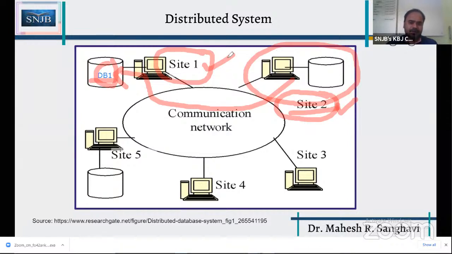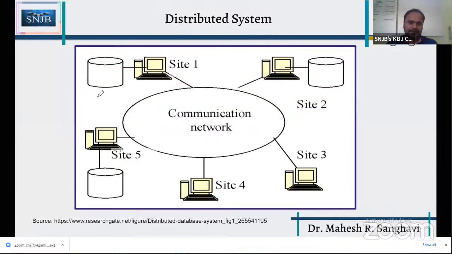Let's look at this particular part and why people are using this. There may be a possibility that we copy this DB1 at other sites also. For example, its copy may be available here at site 5.